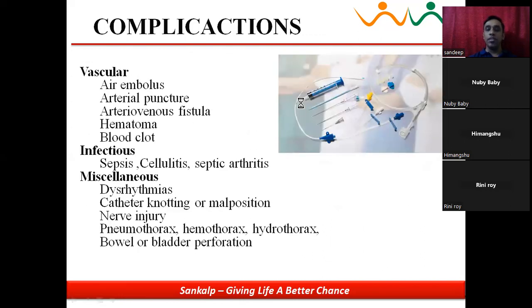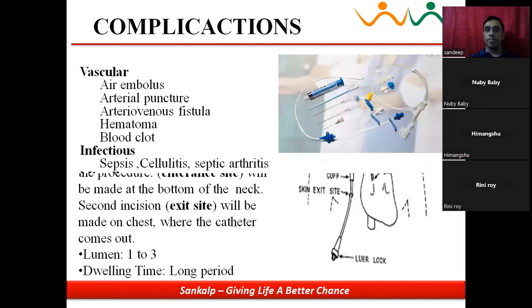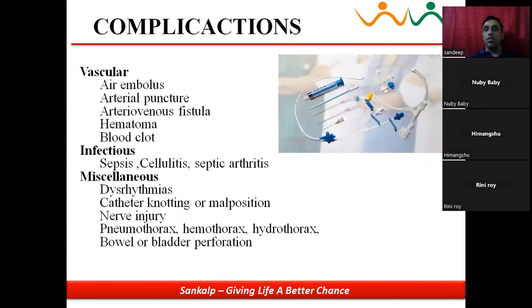So overall, among the three types, the chemo port, the non-tunneled catheter, and the tunneled catheter, the best standard in the transplant setup is the tunneled catheter. After central insertion, complications may happen, especially vascular ones: air embolism, arterial puncture, fistula, hematoma, and blood clot.